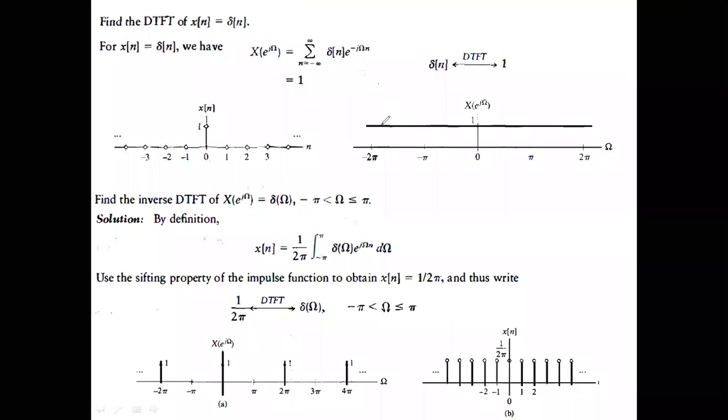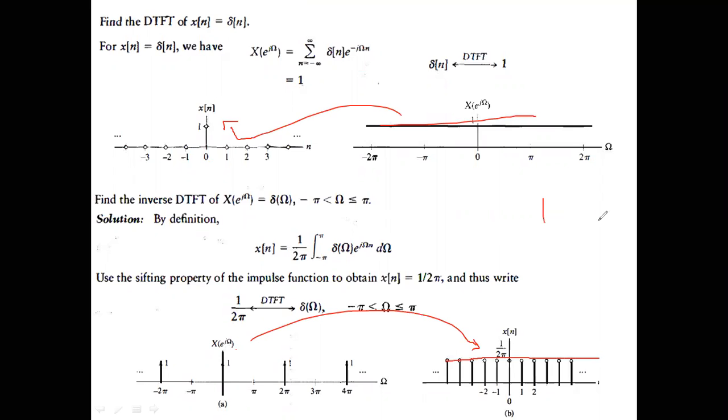A constant in the frequency domain results in an impulse in the time domain. An impulse in the frequency domain results in a constant in the time domain, right? Now let us try to make some sense out of this. You can see this x of n, if I join the envelopes, is like 1 by 2 pi, a constant voltage.